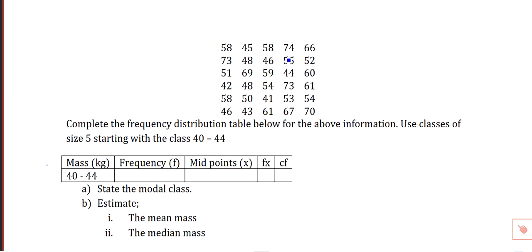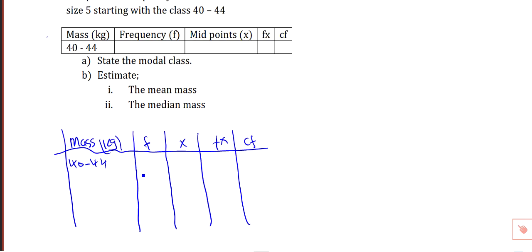We are going to look for those values ranging from 40 to 44, from which the first one is here. So this is 1, this is 2, this is 3, and this is 4. So we have 4 values ranging from 40 to 44. So under frequency we write there 4, and then we proceed on.